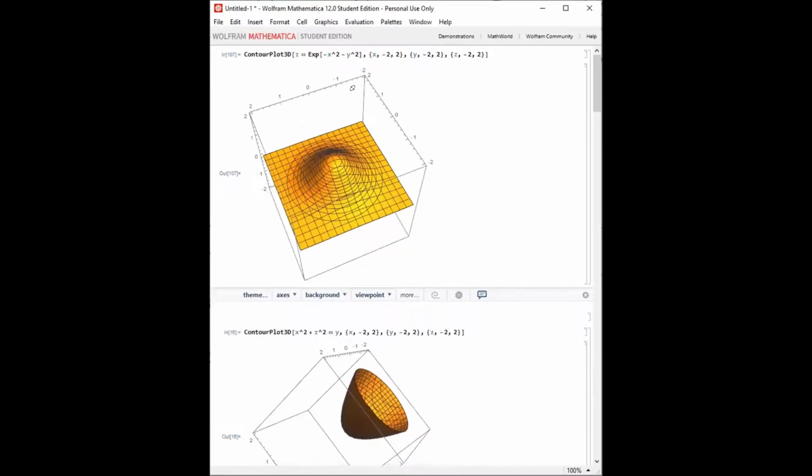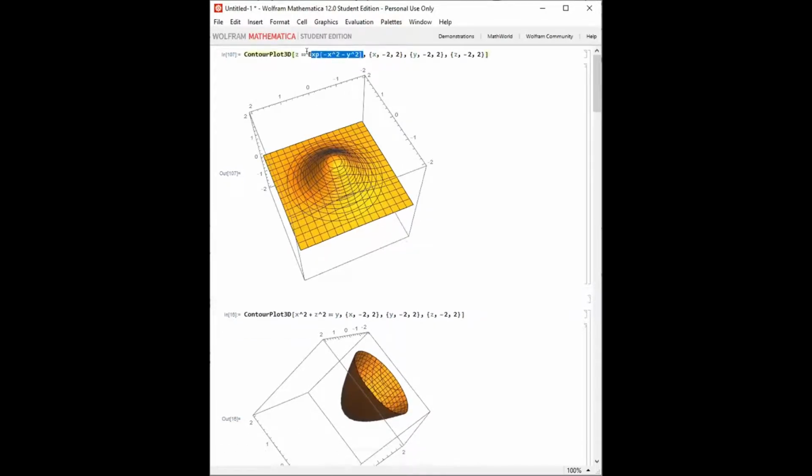Okay, so let's look at another function. This time we'll do z is equal to cosine of x plus sine of y.